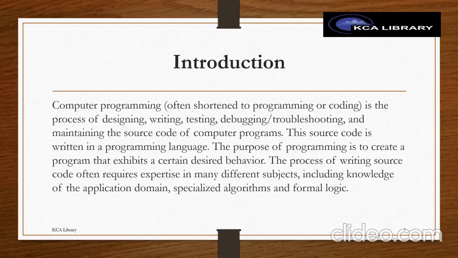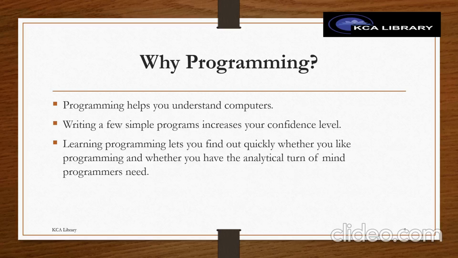The purpose of programming is to create a program that exhibits exact desired behavior. The process of writing source code often requires expertise in many different subjects, including knowledge of application domains, specialized algorithms, and formal logic.